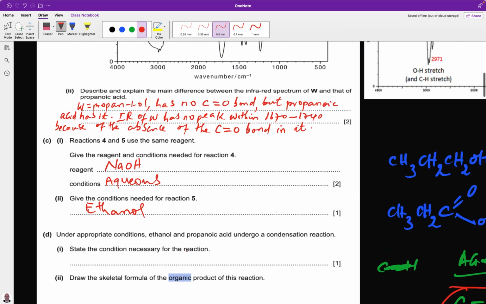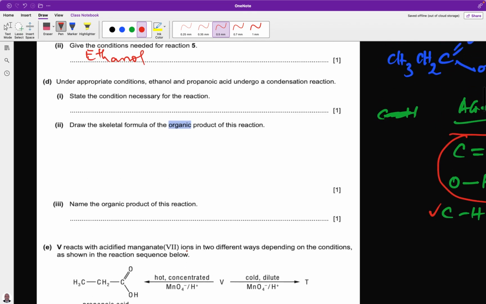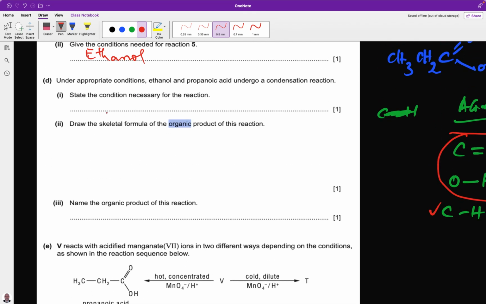In our question paper, under appropriate condition, ethanol and propanoic acid undergo a condensation reaction. State the condition necessary for the reaction. From what we have just discussed, the condition will be concentrated sulfuric acid, which is acting as catalyst, or concentrated phosphoric acid.